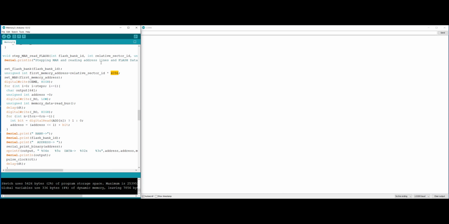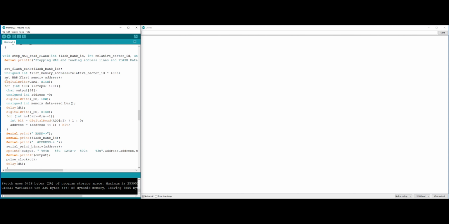So if we are pointing to sector 1, then the first address will be 4096 in our memory. This is the first memory address that we're trying to read. If we pass a value of 0 as the relative sector ID, meaning that we are looking at sector 0, then obviously the first memory address will be 0. So we start from address 0 and so on. I hope that this part is clear.